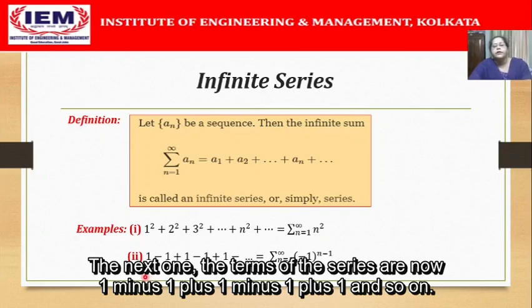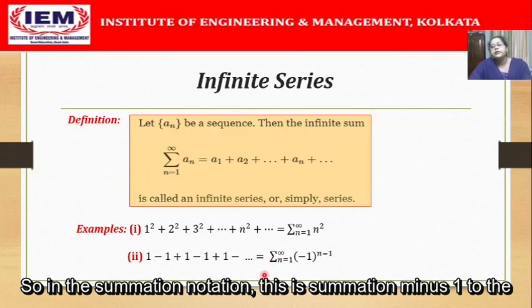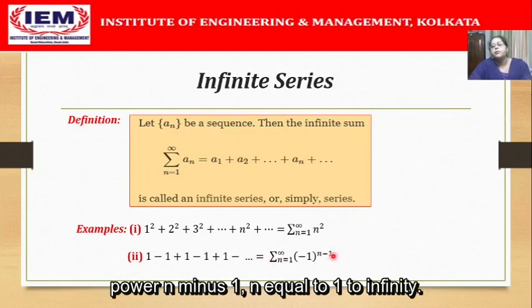The next one, the terms of the series are now 1, minus 1, plus 1, minus 1, plus 1, and so on. In the summation notation, this is summation minus 1 to the power n minus 1, n equal to 1 to infinity.